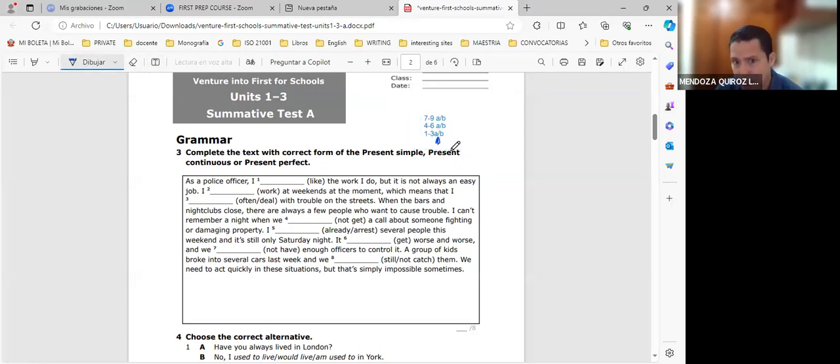Then we're going to go back to the book. We finish the book and we will continue with the test. The 10 to 12, A and B. Those are the summative tests. This is the only one that we need to finish. And then we have unit tests, unit by unit.